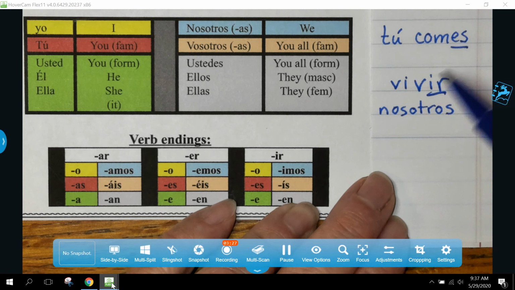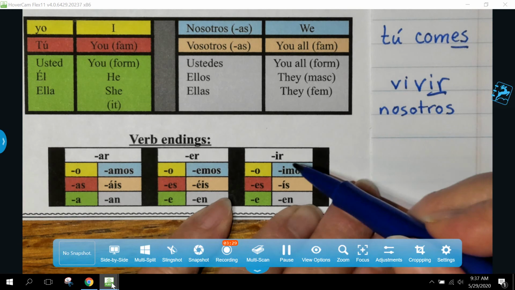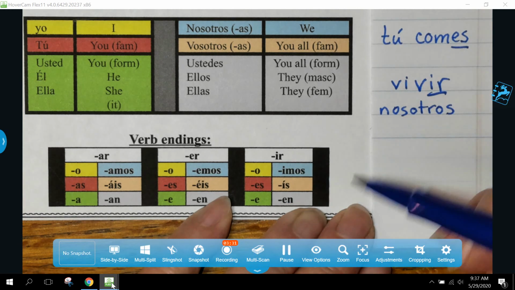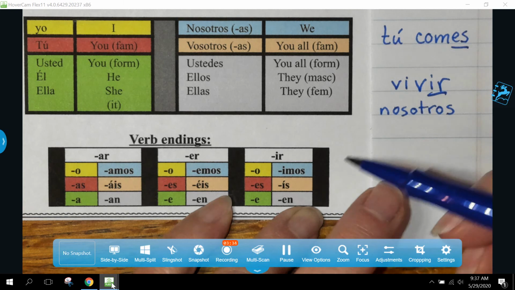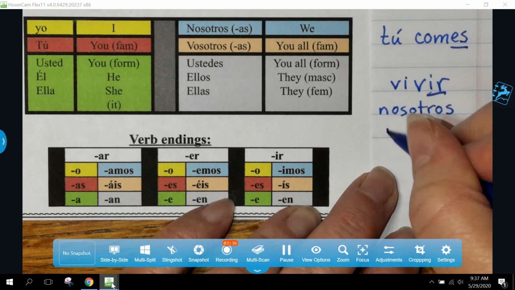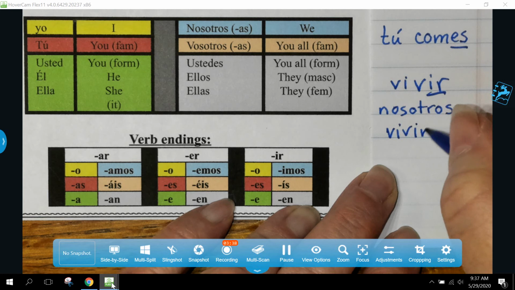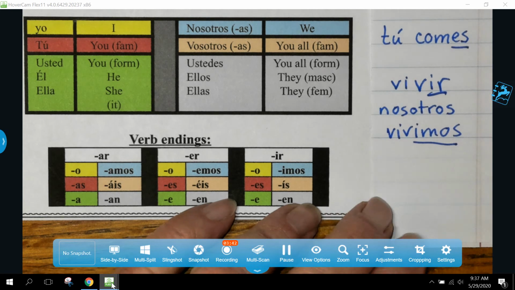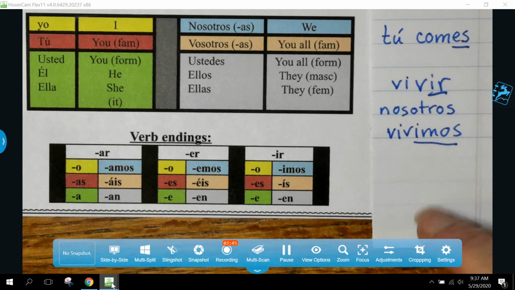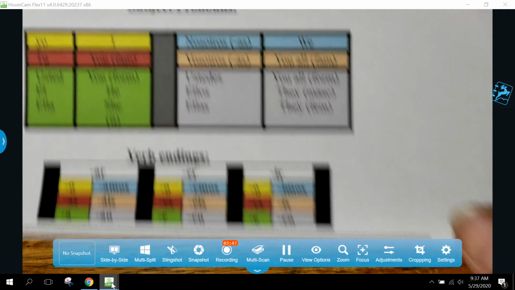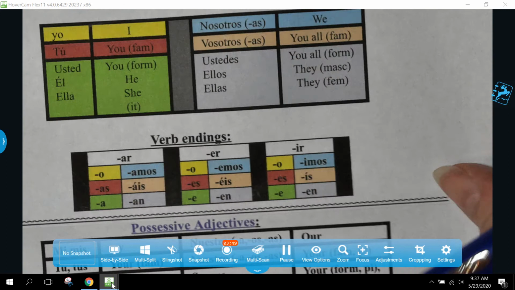Blue box. Vivir is an IR verb, so we go to the IR chart. And blue will be imos, so we take that and we have vivimos with the I-M-O-S.